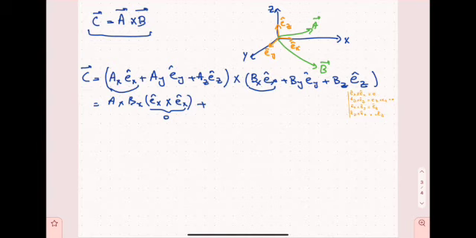And then the next one would be this part, cross product to this one. And what would that be? That would be A_x B_y, and then the cross product of e_x and e_y, which we already know is e_z.